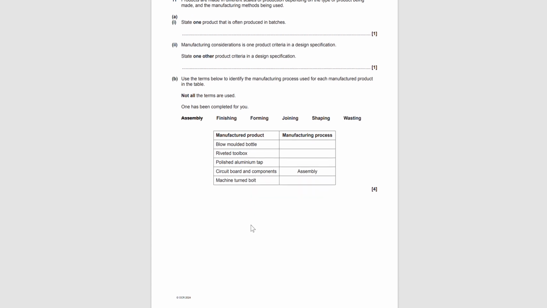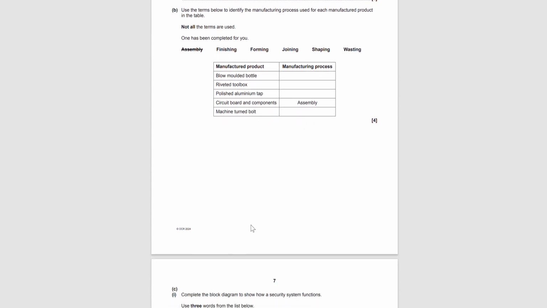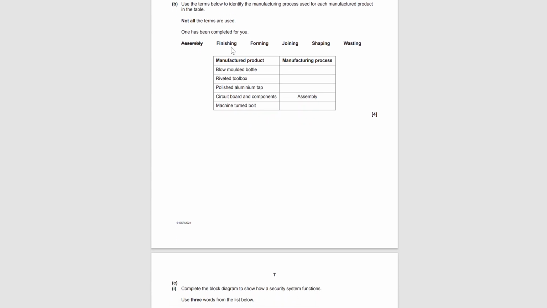We also quite regularly see questions like this, where we are asked to place information into a suitable table. Here, for example, we've got different manufacturing methods. We've got what we're making here, and we're asked to place this information into one of these.